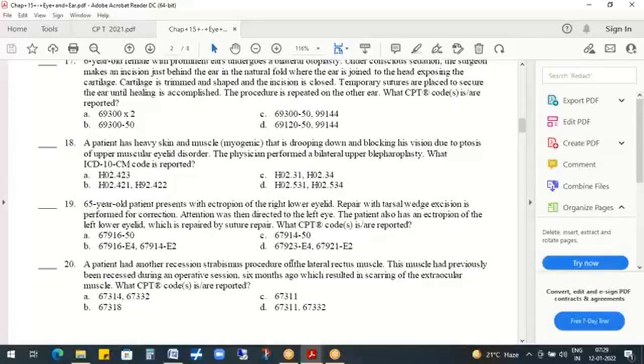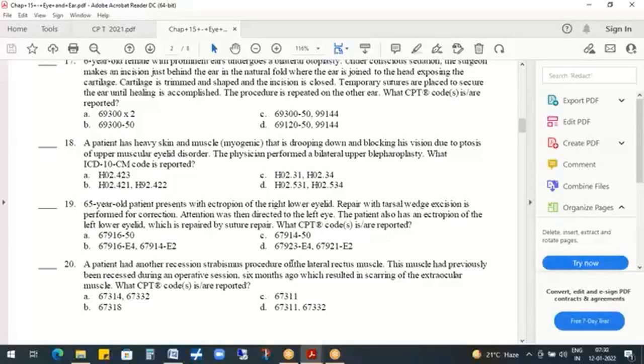Yes, sir. Then blindly rule out option B. Ectropion. What is the question? First of all, you can read ectropion or entropion. Entropion of lower eyelid, 19th question.